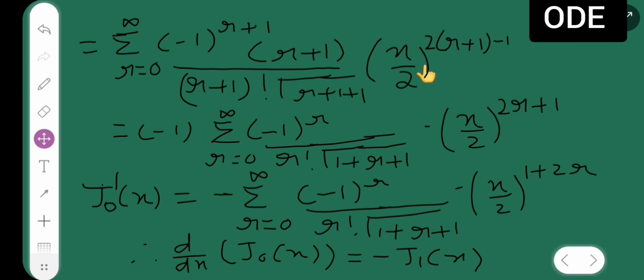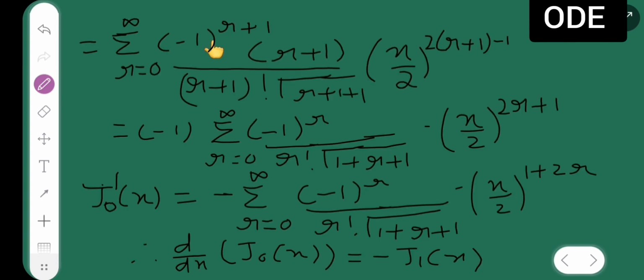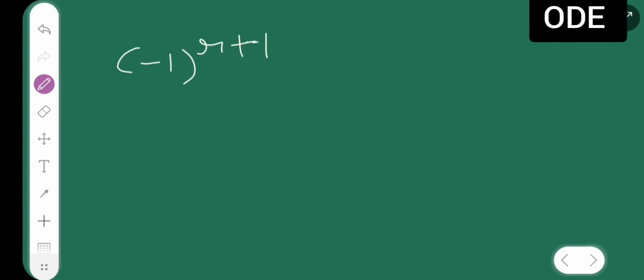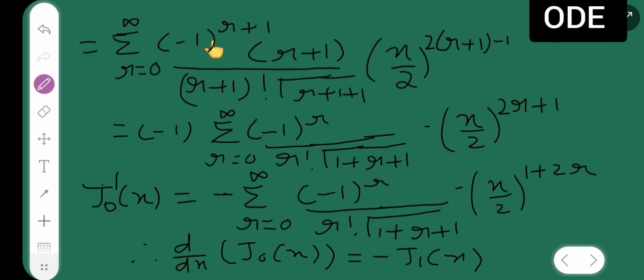Now what I have done here: it was minus 1 upon r plus 1, so can I write this as (-1) upon r into (-1) upon 1? That's what I have done over here.